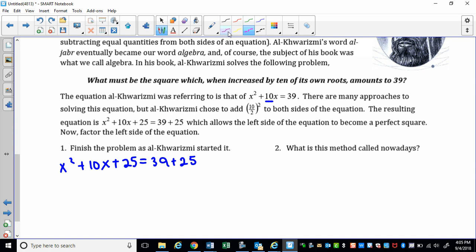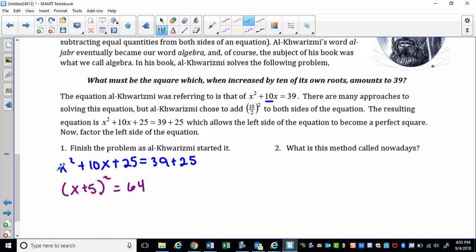Well, that's pretty cool, actually. So when I factor this, I get (x plus 5) squared. Okay. And on the right-hand side, 39 plus 25 is 64. Well, that's nice. I can actually solve this now pretty easily.